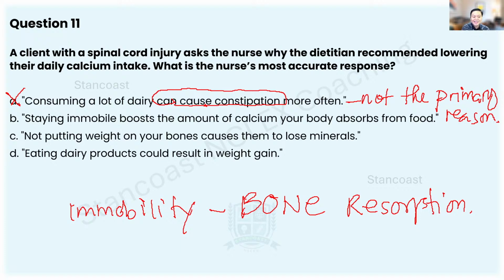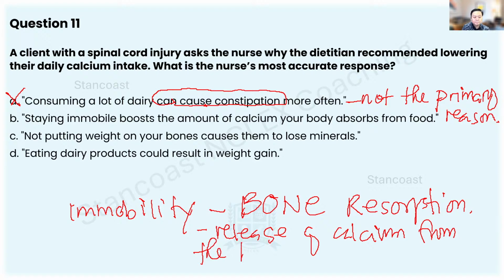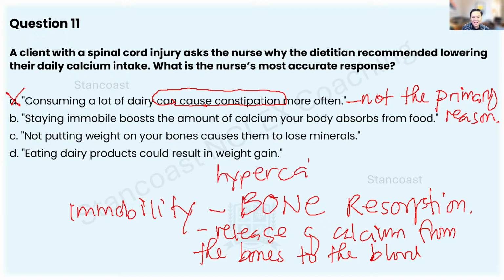This will allow release of calcium from the bones to the blood. So the patient here will end up with a temporary hypercalcemia, an elevation of the calcium in the bloodstream.